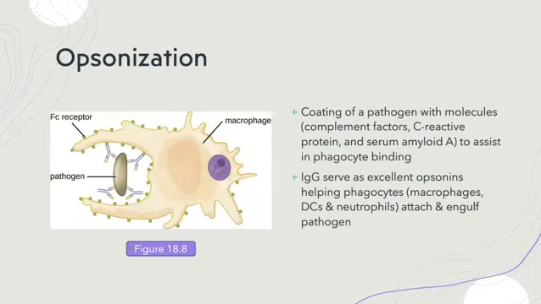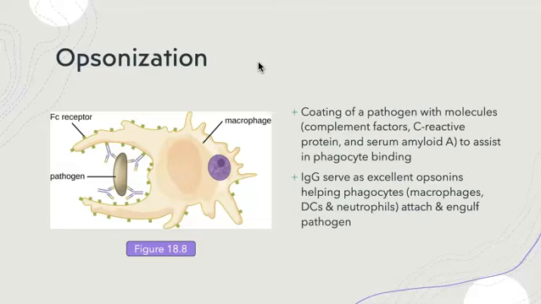The next function of our antibodies is opsonization. And I always say this is kind of like putting a big red X or a target on the pathogen that we're trying to get rid of. So think of when deforestation takes place and they're putting red X's on the trees that they need to chop down.